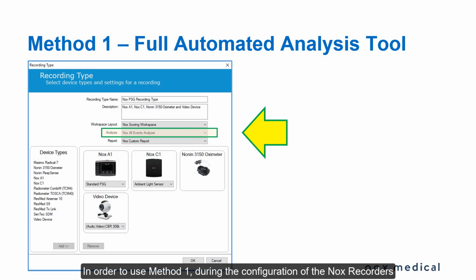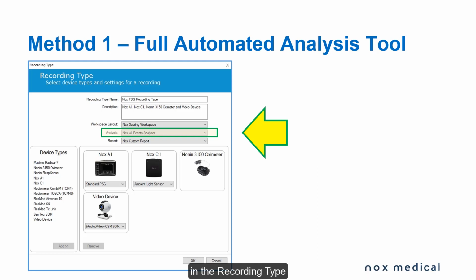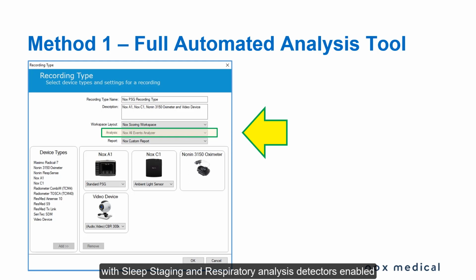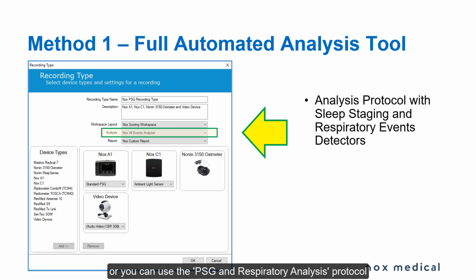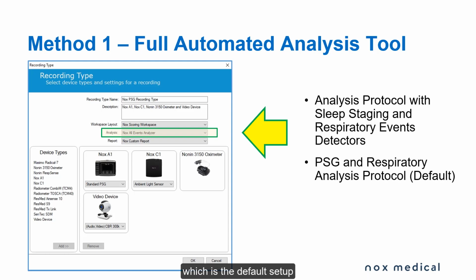In order to use method 1, during the configuration of the Nox recorders in the recording type, for analysis, you will need to select analysis protocol with sleep staging and respiratory analysis detectors enabled. Or you can use the PSG and respiratory analysis protocol, which is the default setup.